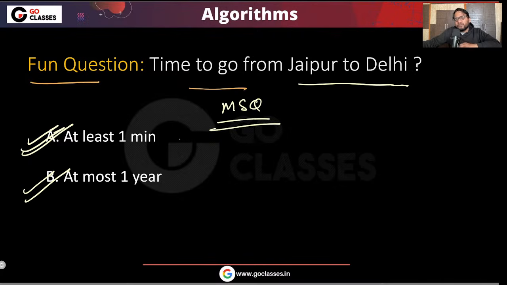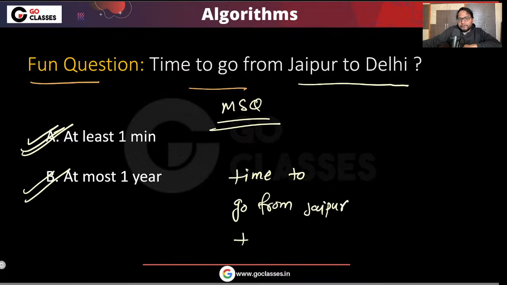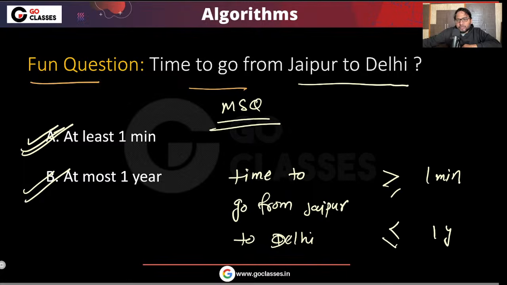So if I say the time to go from Jaipur to Delhi is greater than or equal to 1 minute, or it is less than or equal to 1 year, do you think it is really helping me?